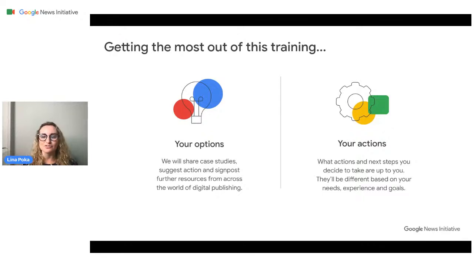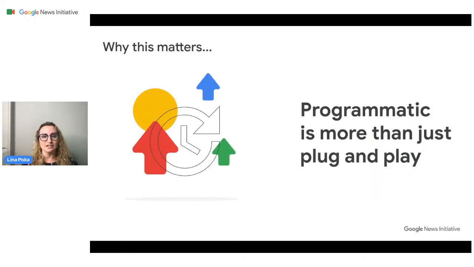They are options. The specific actions and steps that you decide to take will absolutely need to be custom to your needs, your experiences, as well as your overall aims and objectives.